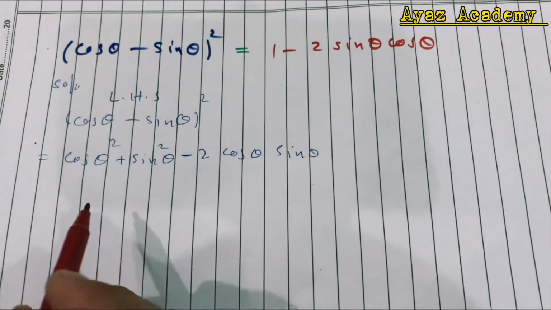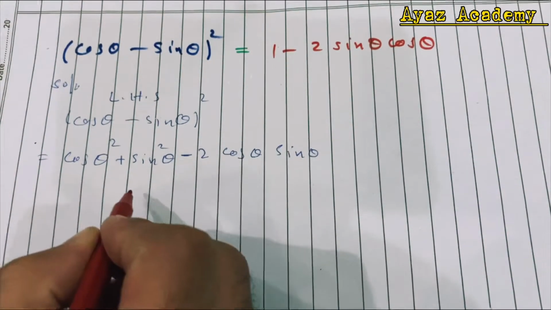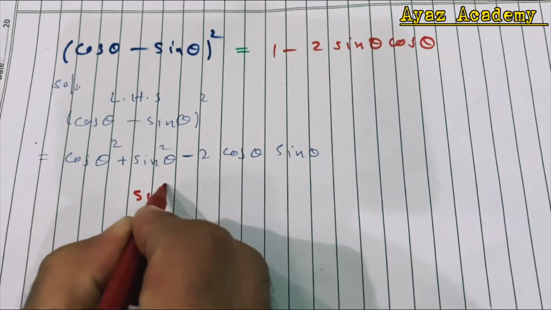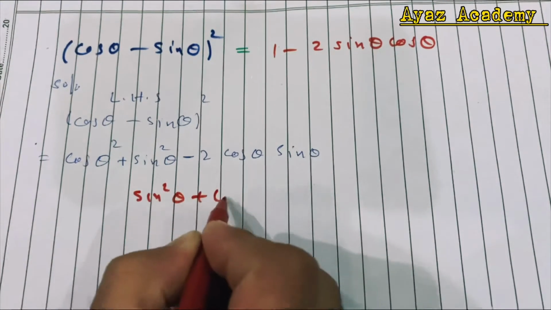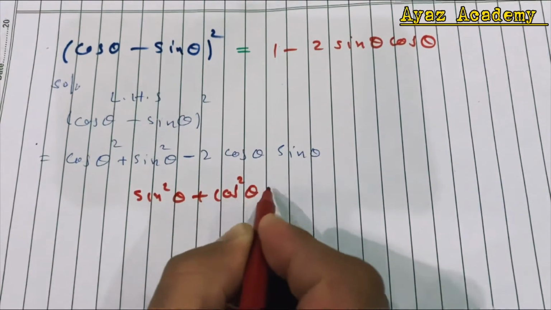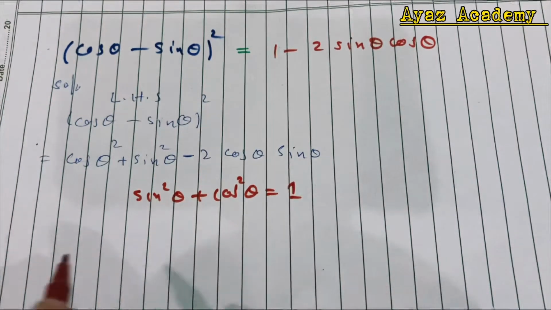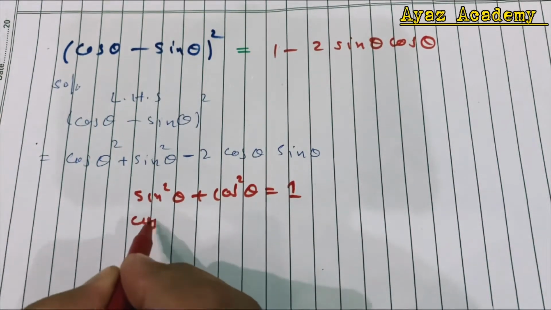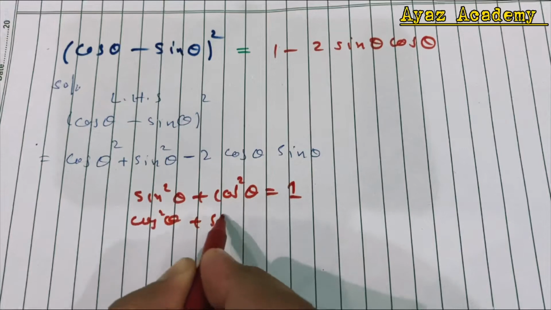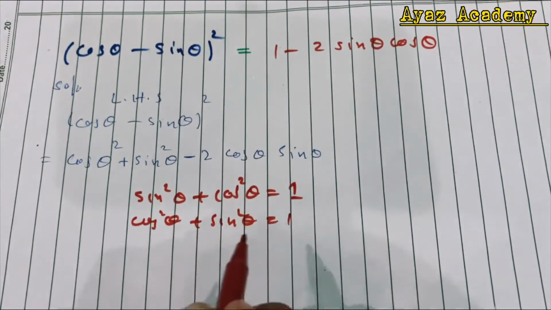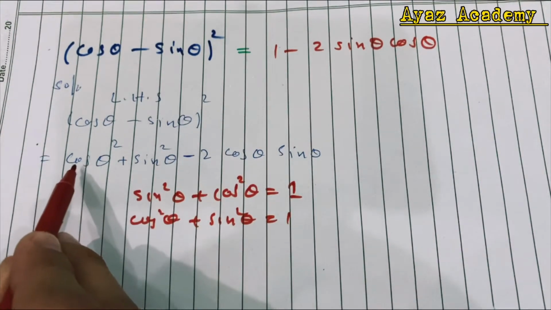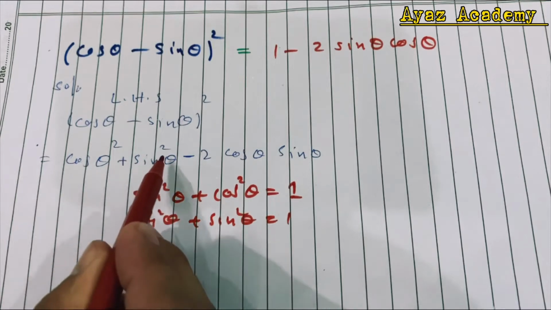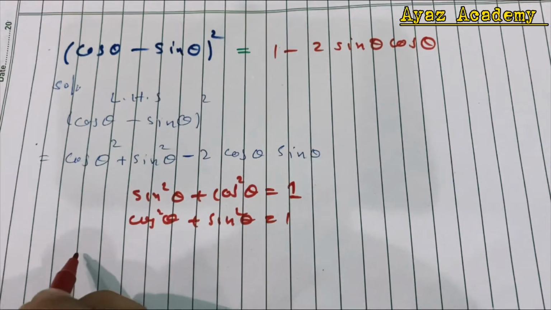Now in trigonometry we know that sin square theta plus cos square theta is equal to 1, or cos square theta plus sin square theta is equal to 1. So here we put cos square theta plus sin square theta as 1.